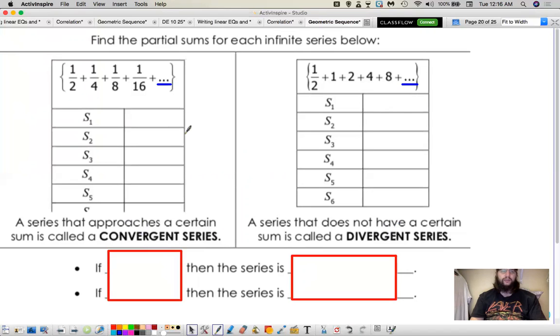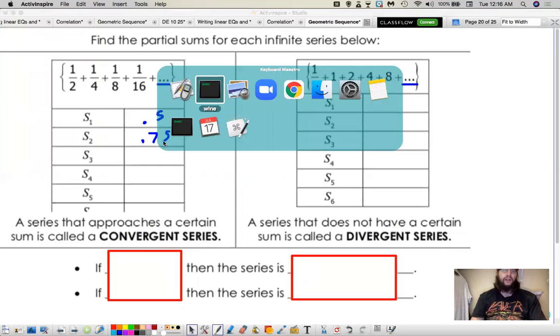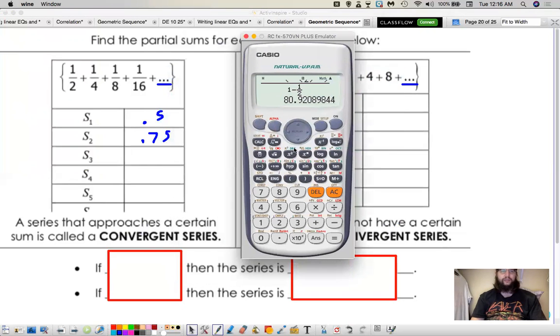So if we look here, that's a half, right? Let's just do 0.5. A half plus a fourth, that's 0.75. Throw an eighth in there, I'm going to get a calculator.